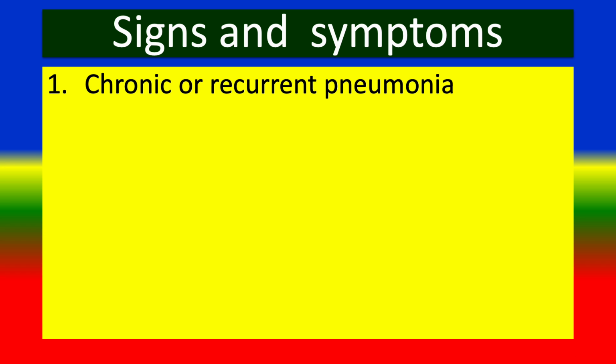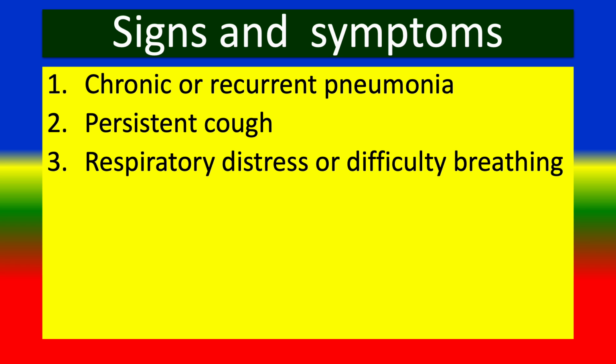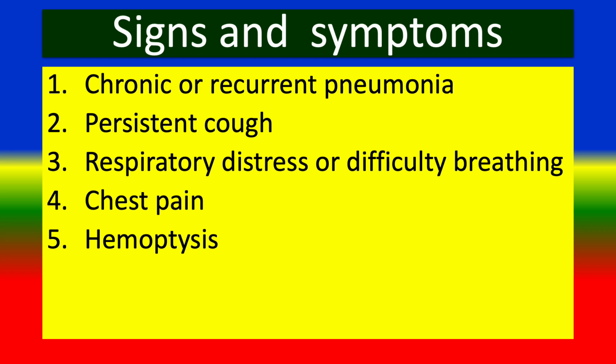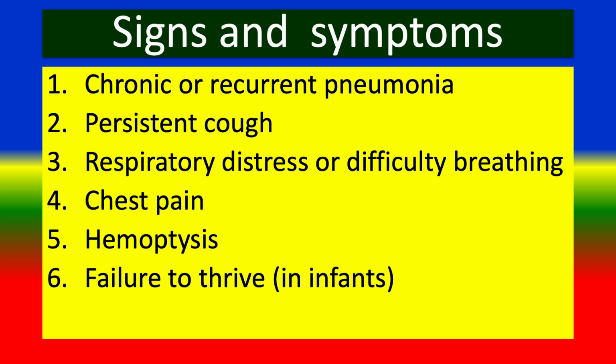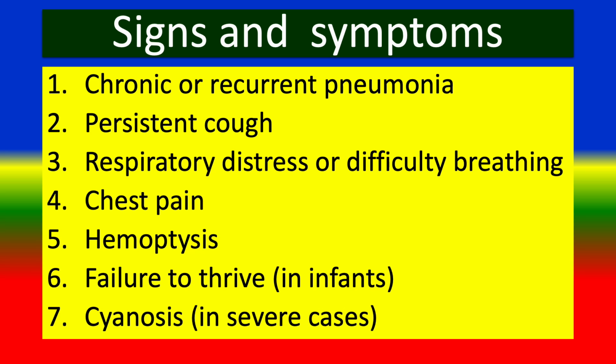Chronic or recurrent pneumonia. 2. Persistent cough. 3. Respiratory distress or difficulty breathing. 4. Chest pain. 5. Hemoptysis. 6. Failure to thrive in infants. 7. Cyanosis in severe cases.